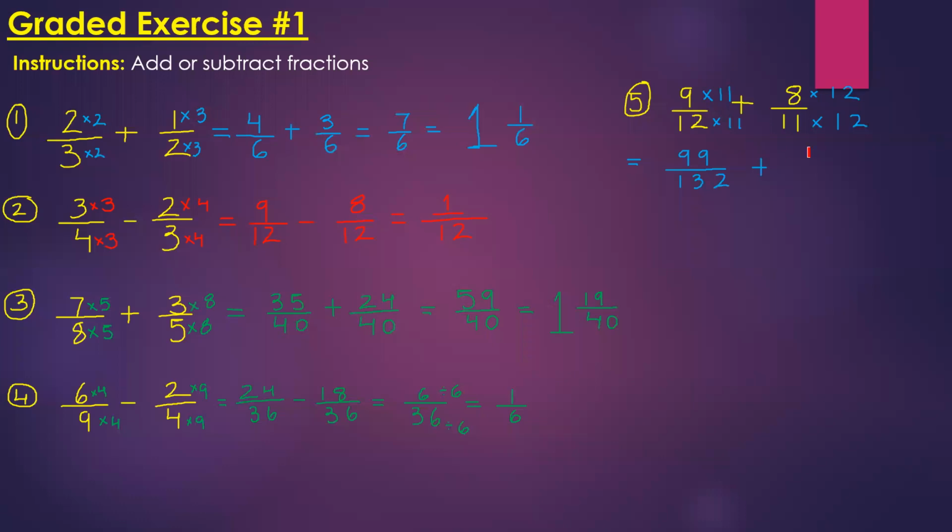Okay, go ahead, Kai. 8 times 12 is what? 8 times 12 is 96. And you add 99 plus 96, and now it becomes 188 over 132. And 99 plus 96 is what? 99 plus 96 is 188.